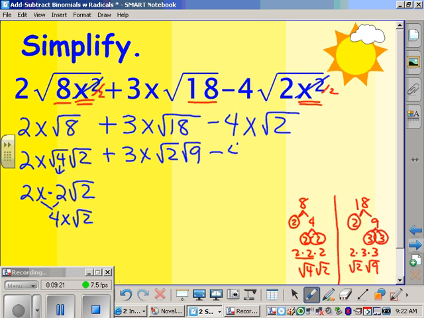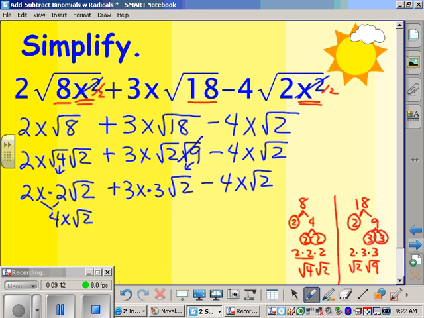We could go ahead and drop down the third term because we cannot break down the 2. From here, we can simplify radical 9 and bring that to the outside. So we'd have 3x times, and this becomes a 3, then radical 2, and then we'll drop down again the third term.